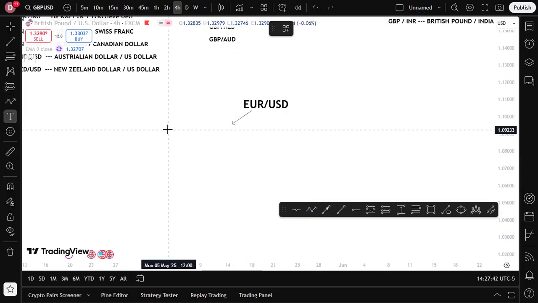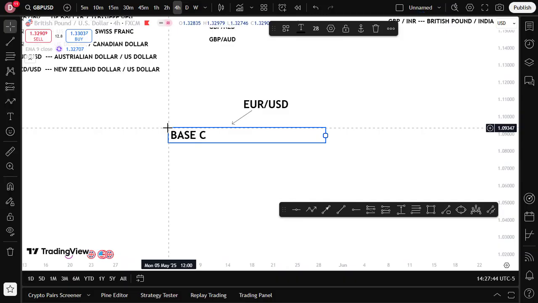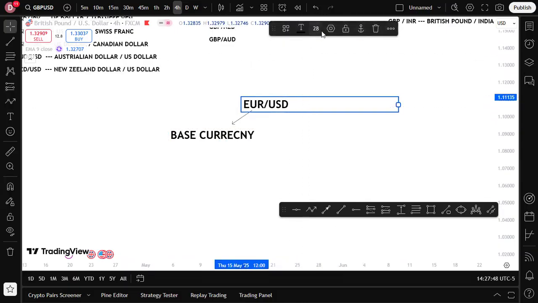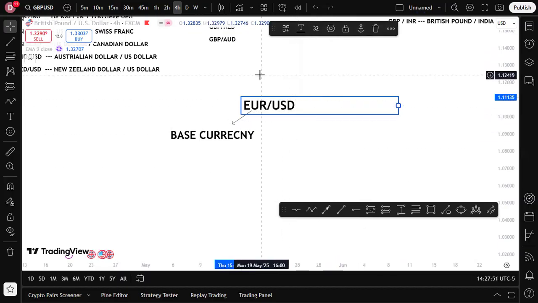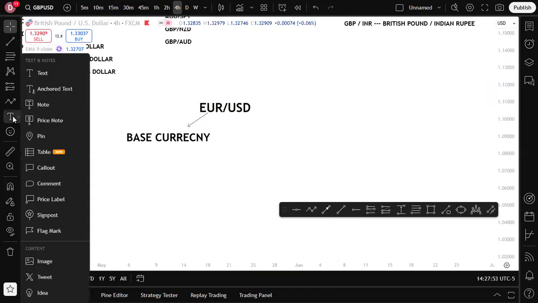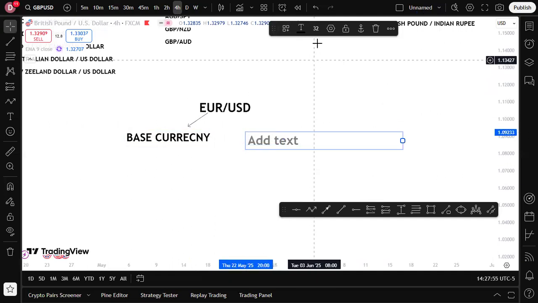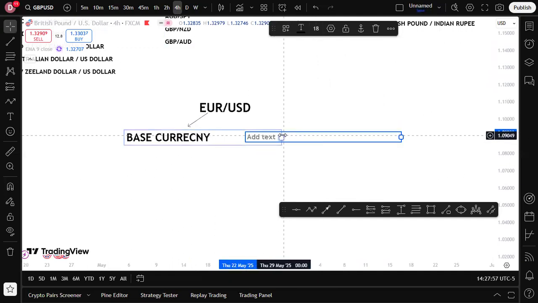So here it's called the base currency. Let me make this bigger. Right here, it's called the quote currency.